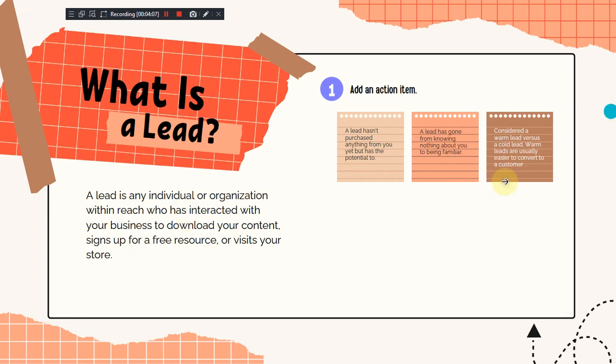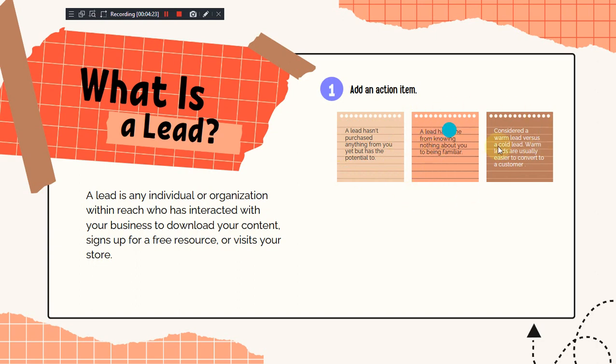Now, here are some of the other things that describe leads. A lead is someone who has not yet made a purchase. They're a little bit closer to making a purchase than someone who's just a visitor, but they're not yet a customer.